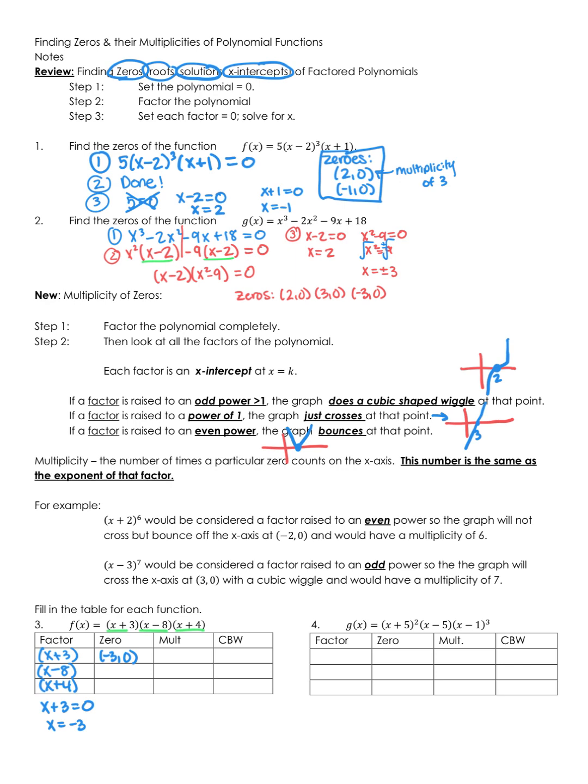Just once, so the multiplicity is 1. So because the multiplicity is 1, what did we say it will do there? Cross, bounce, or wiggle? It'll cross. It'll just cross. So I want you to fill in the other ones. Find the 0 for this factor, the multiplicity, and decide if it will cross, bounce, or wiggle.